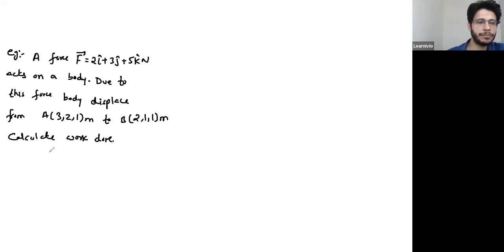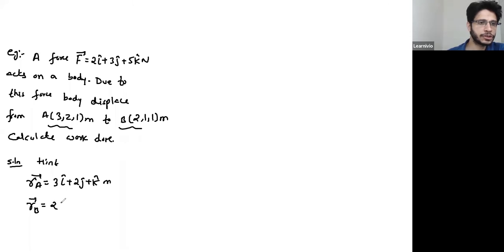I'm giving you a hint. The coordinate of A and the coordinate of B represent the position vectors. Position vector of A is 3i cap plus 2j cap plus k cap. And position vector of B is 2i cap plus j cap plus k cap.